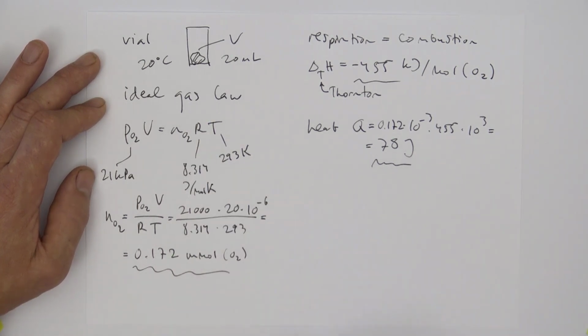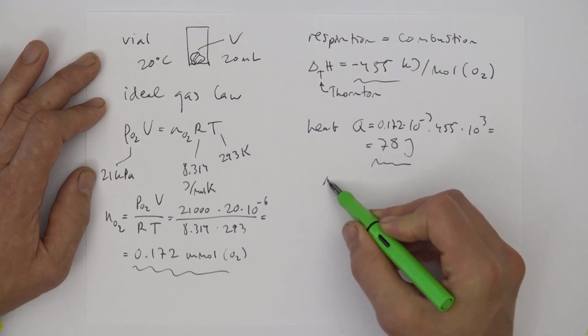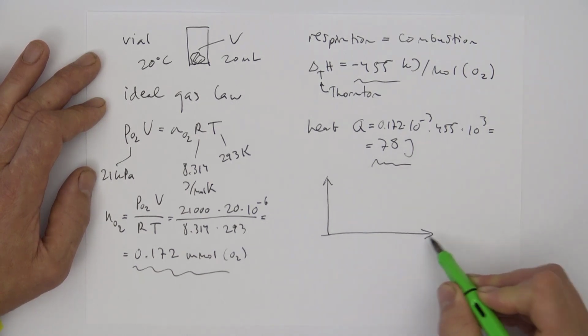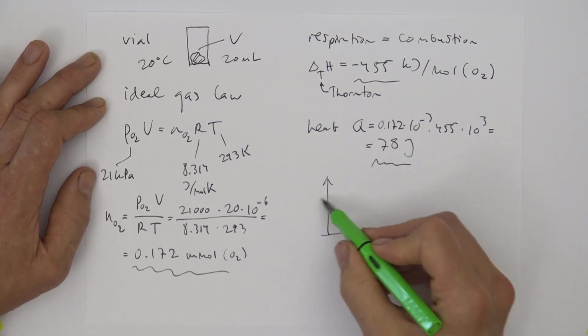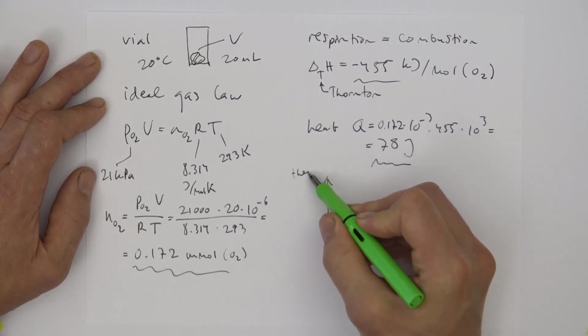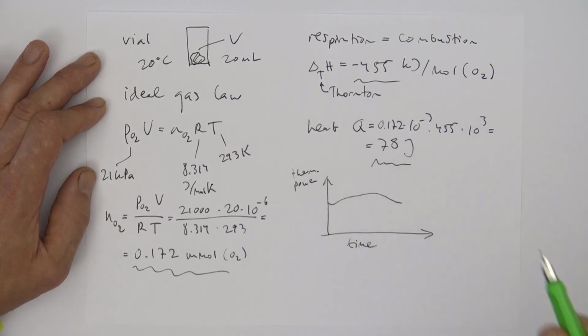Now, how can we use this? Let's take an example. We have made calorimetric measurements, and this is thermal power. Let's say the result looks like this.